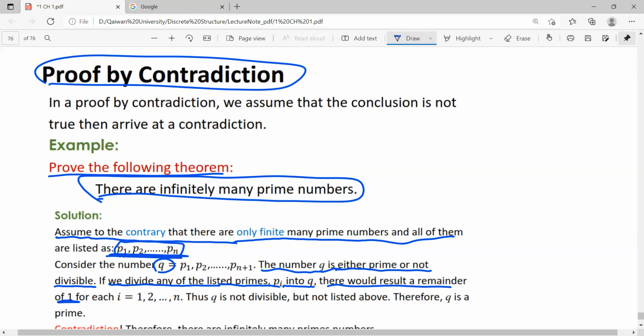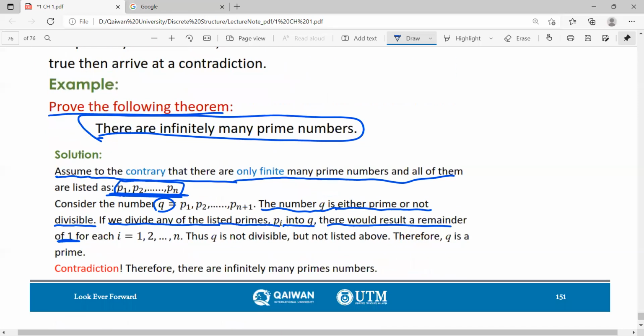We have n plus 1 primes, and for the other one, and so on. So we have infinitely many primes. That means we said if you have finite primes, here we could find another prime number which is not in that list. It means we must have infinitely many primes.